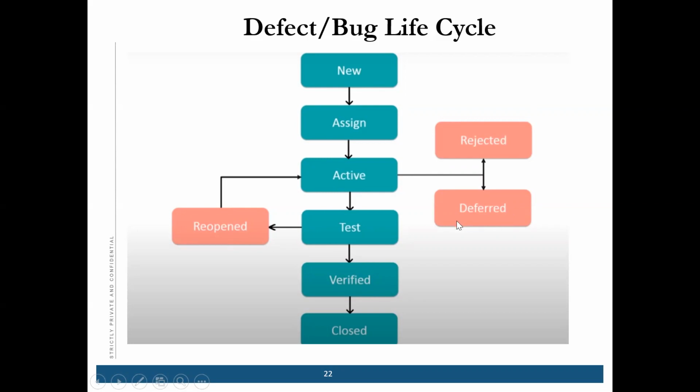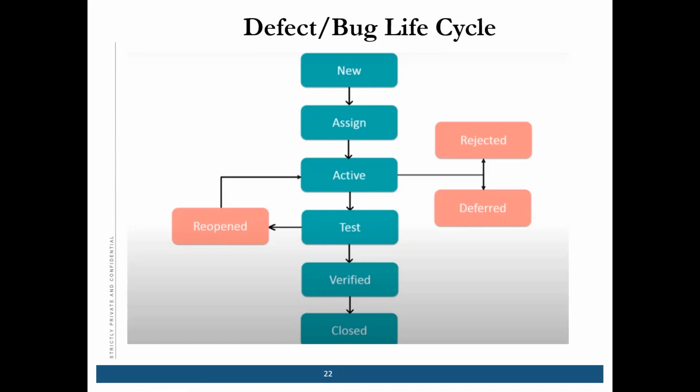A deferred bug is what? Yes, it is a bug, but it does not belong in this module or this build; it will be addressed at a later point of time.